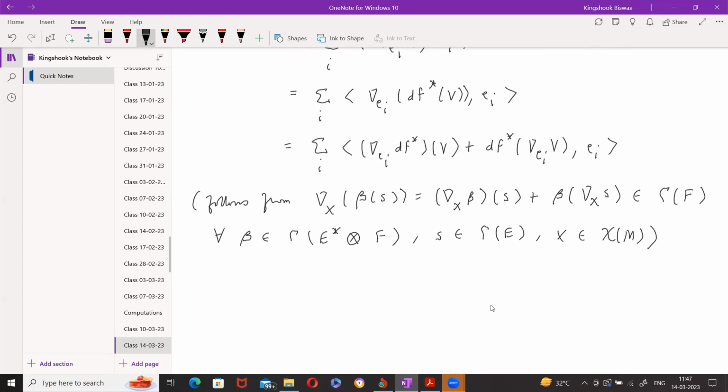We showed that this linear map is the dual of the linear map nabla EI df, so this is nabla EI df whole star applied to V. We showed this equality last time.